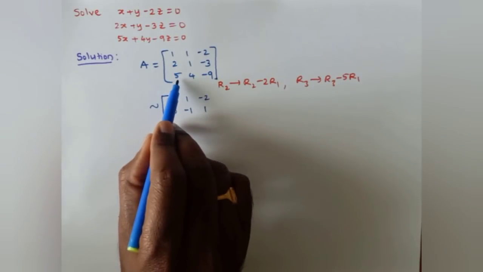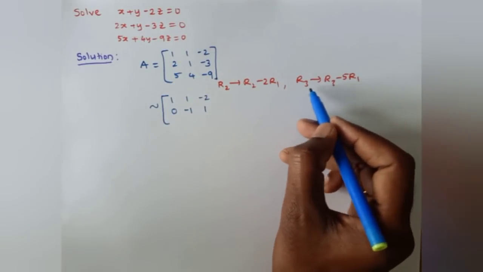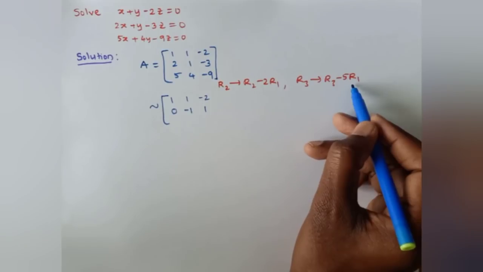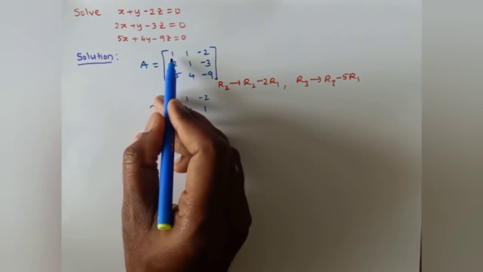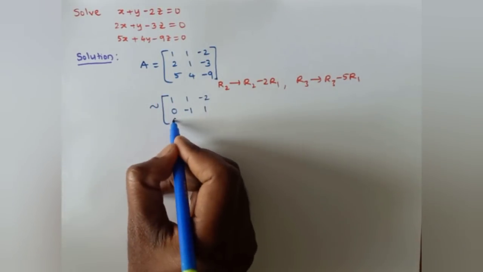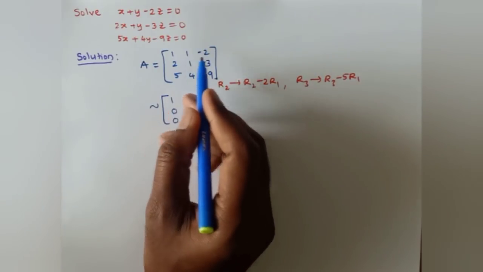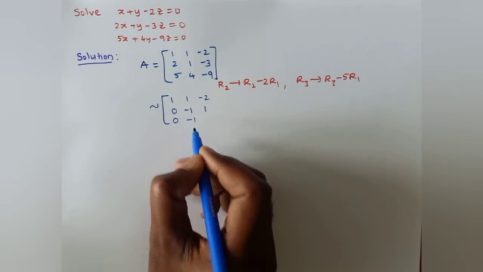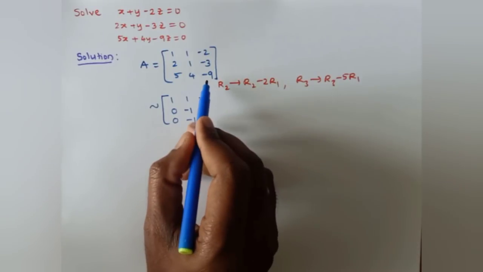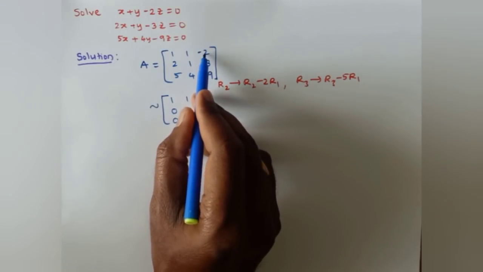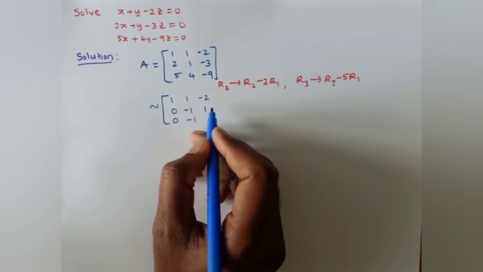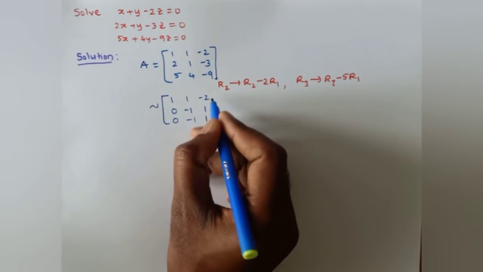Next, applying R3 minus 5 R1: 5 minus 5 is 0, 4 minus 5 is minus 1, and minus 9 minus 5 into minus 2, that is plus 10, so minus 9 plus 10 is 1.